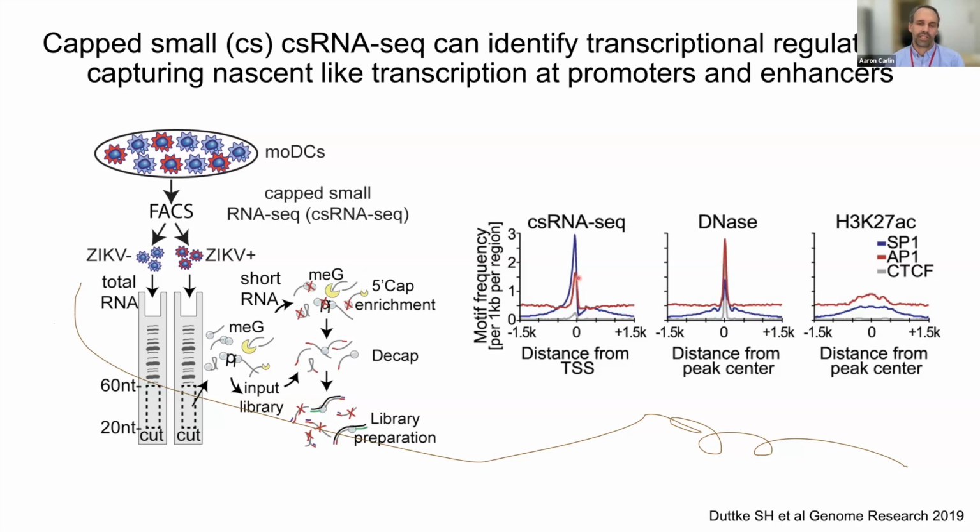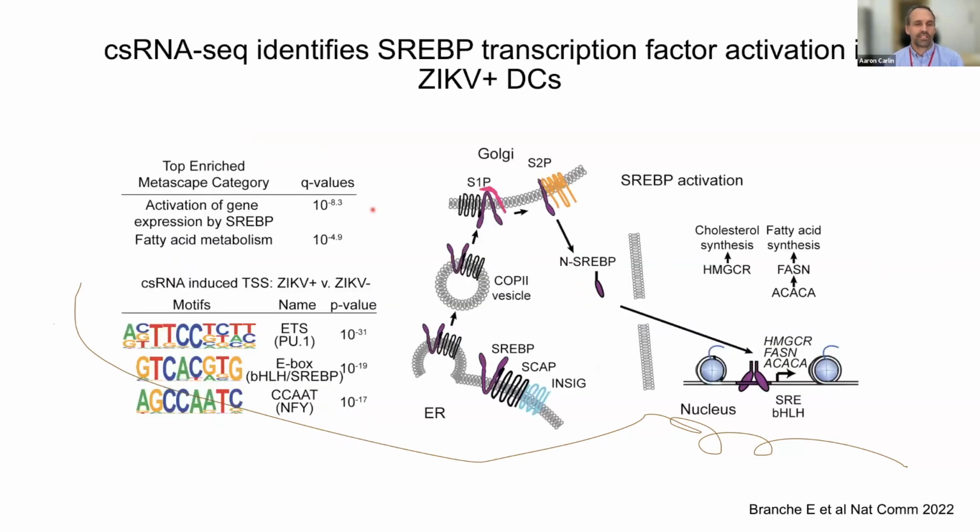And so this technique is really powerful for identifying transcription factors that may be driving changes in activity. And so we utilized the same approach that we used previously of sorting cells, fixing them, separating, and looked at the areas where csRNA-seq peaks were increased in Zika virus positive cells.